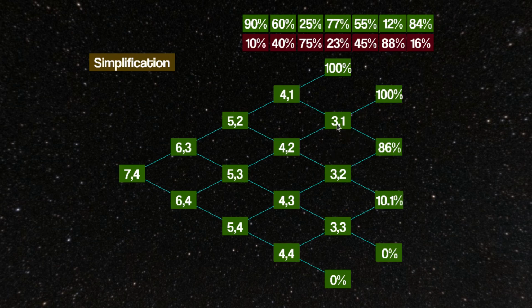So here we have 3 elements target of 1. That's going to be using these 2 values combined with these 2 values. Three elements target of 2. These 2 values combined with these 2.